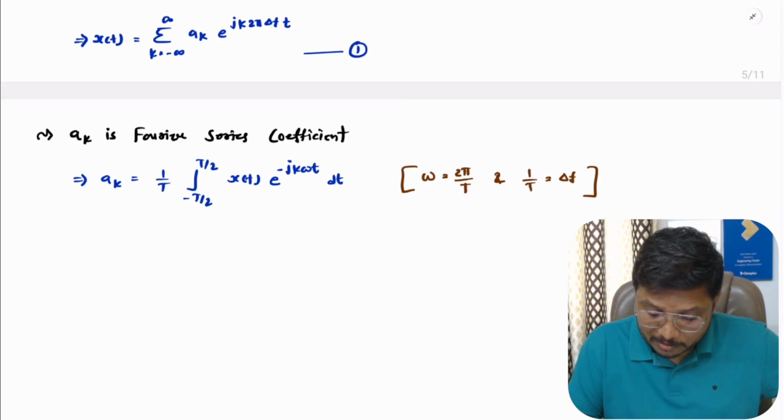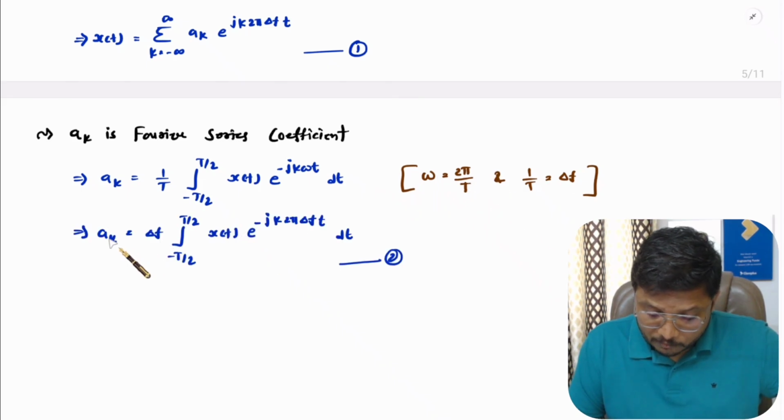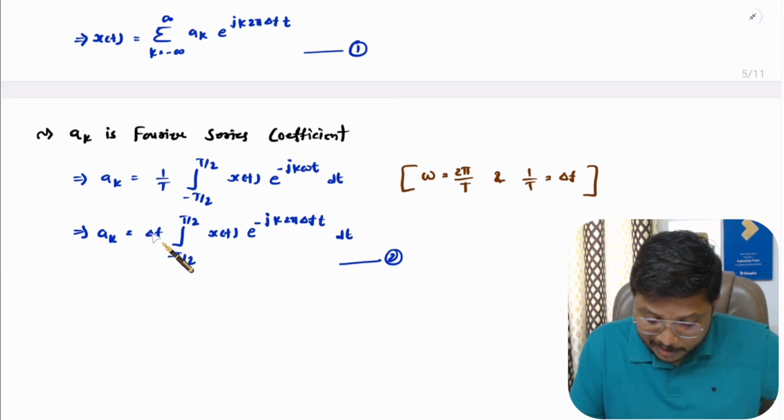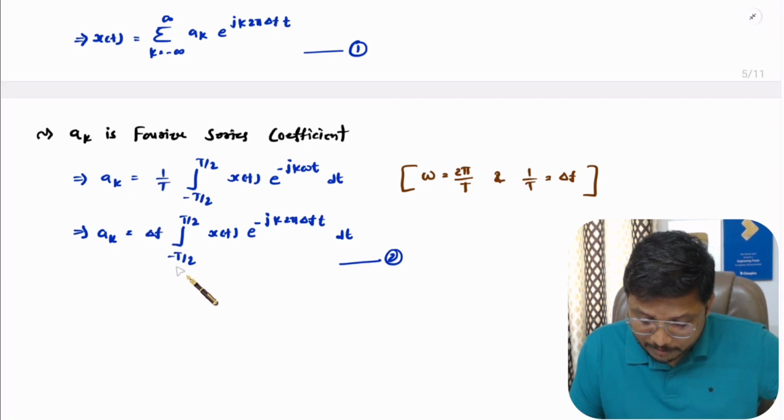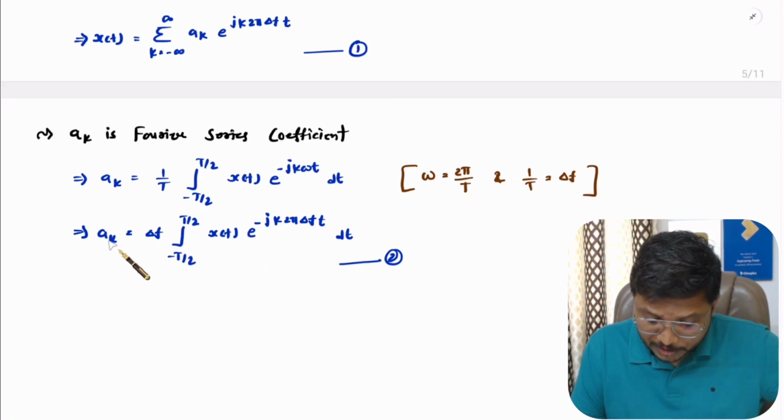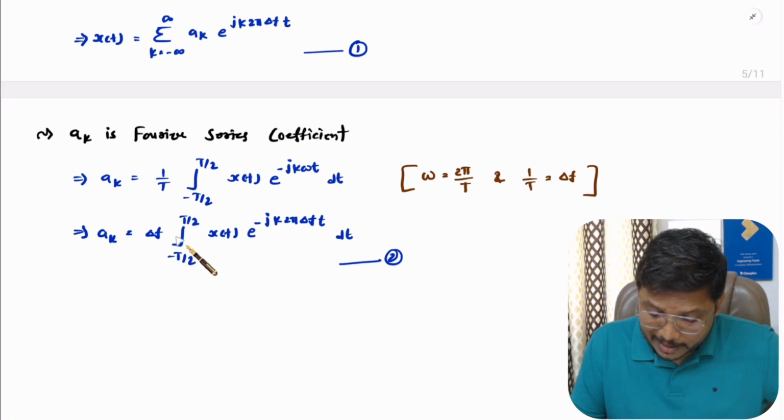So if I place 1 by T equals delta f and omega equals 2π by T, where 1 by T is delta f, then the Fourier series coefficient will be delta f, that is 1 by T, integration with limits from minus T by 2 to T by 2 x(t) e to the power minus jk 2π into delta f. See this 2π into delta f, that is replaced for omega. Omega is 2π by T, where 1 by T is delta f, right? Now we have the Fourier series coefficient in the form of delta f.